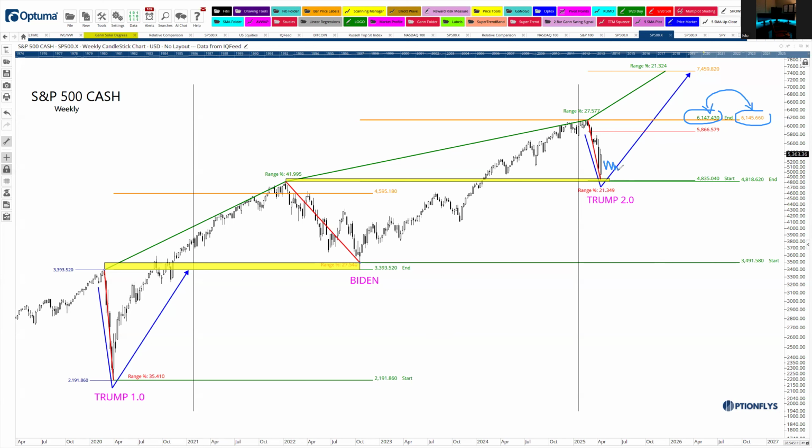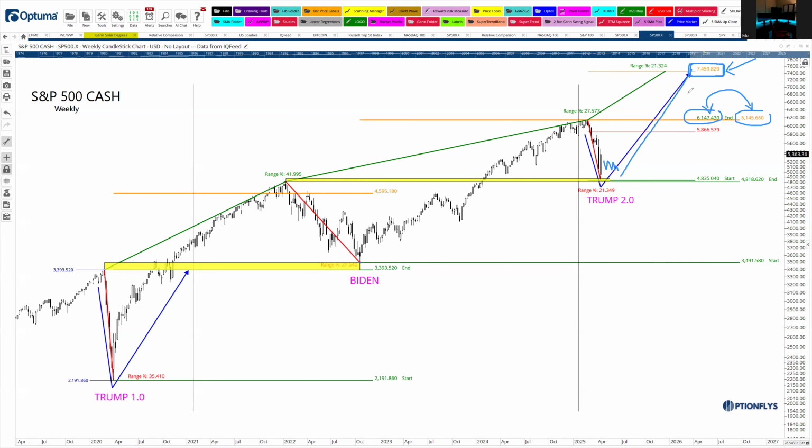Whatever happens here, fine. I'm gonna ride this all the way up till here. That's my target right there. I mean, it could take 3 years, it could take 4 years. I don't care. That's my target right there.